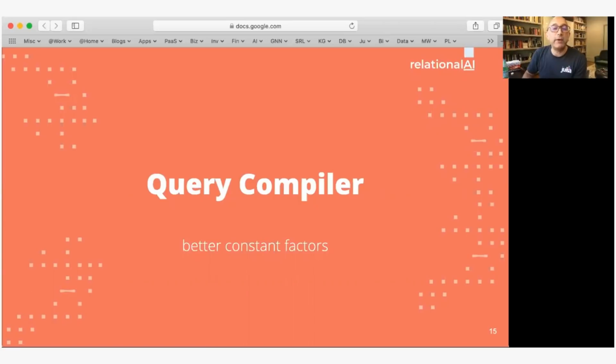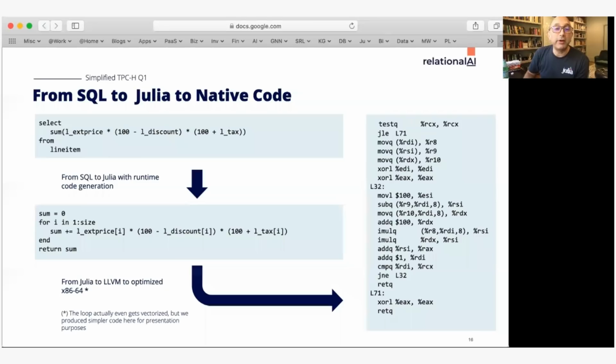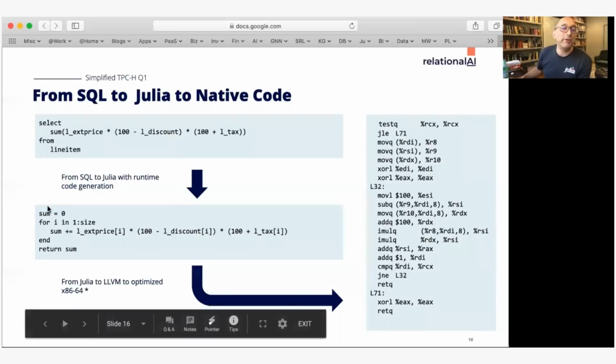The first is a query compiler that eliminates the interpretation overhead that you see in many database systems. Most database systems implement query evaluation via an interpreter. In our system, we wanted to compile the query down to machine code and run it as if it was written to be compiled. So, a very brief example here. You see the select query.